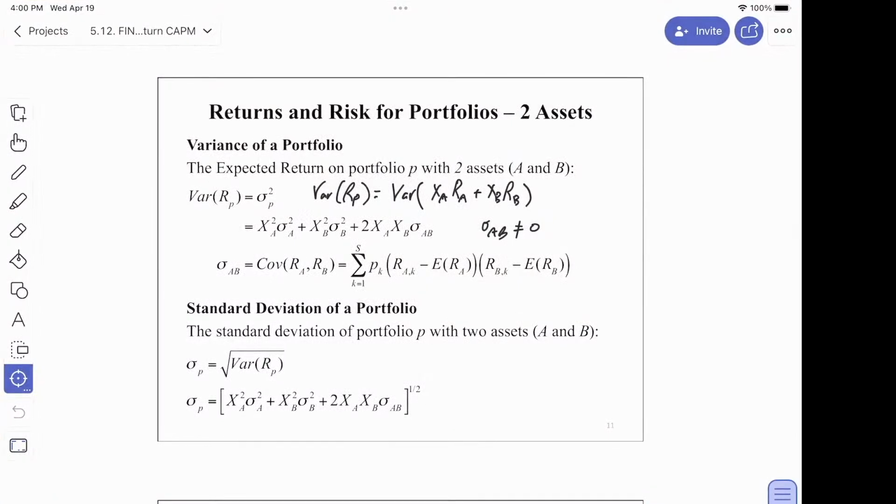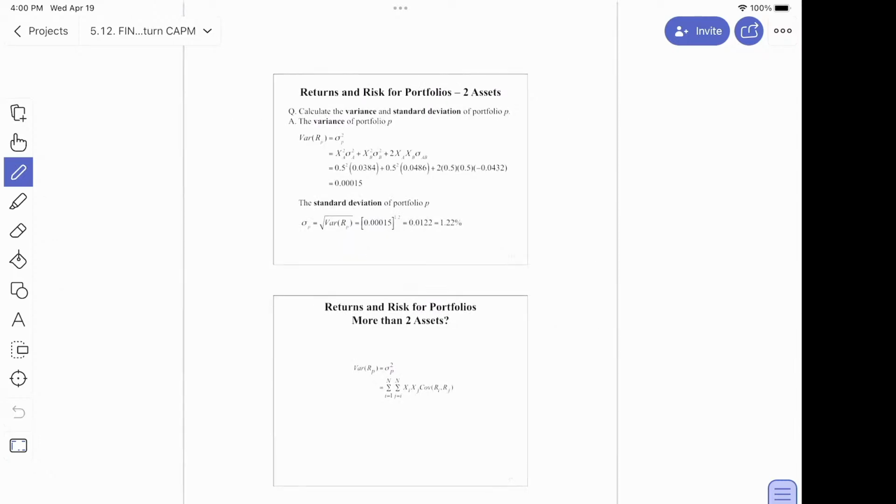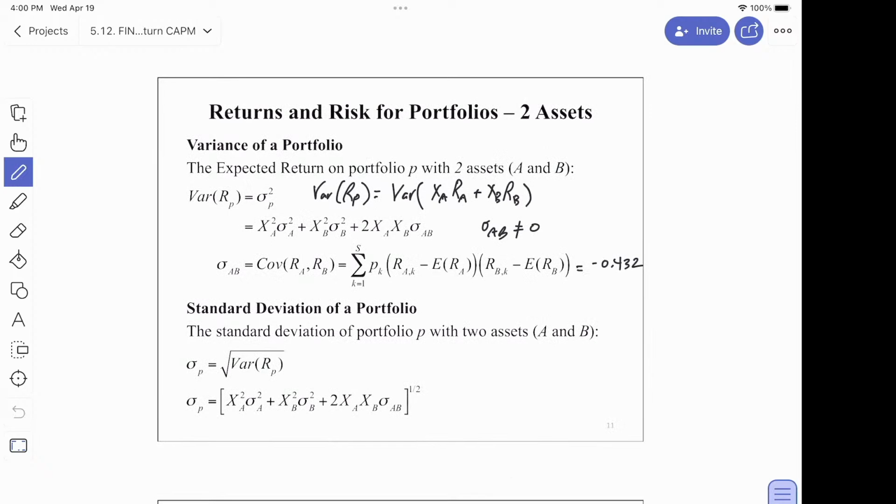So we're going to calculate. I calculated the covariance, so I'm going to put that into the formula. I did that, and I got the number. It's 0.0, there's a 0 there.